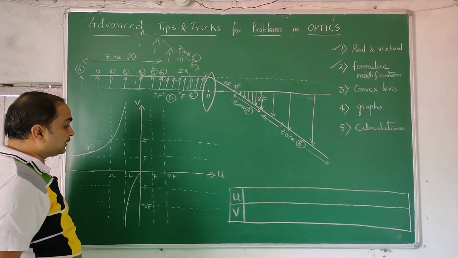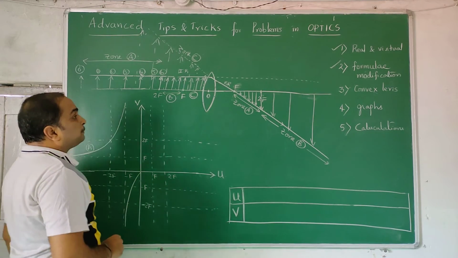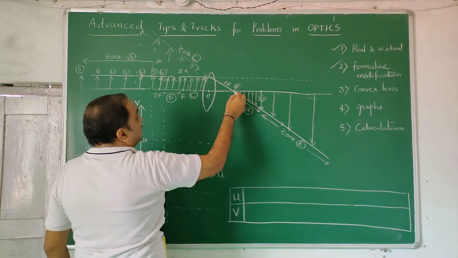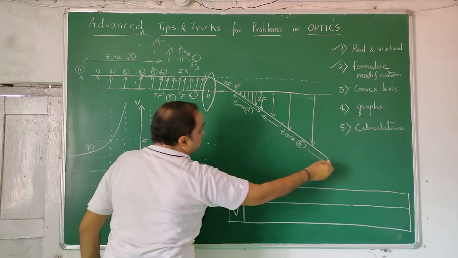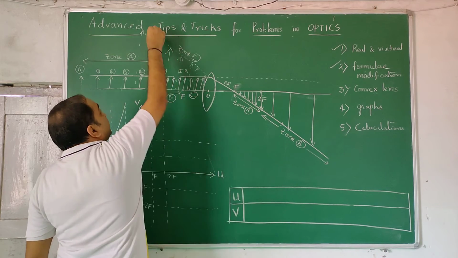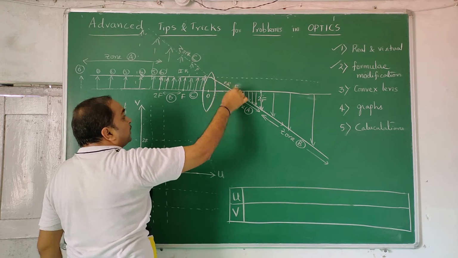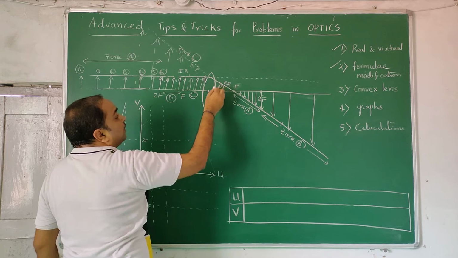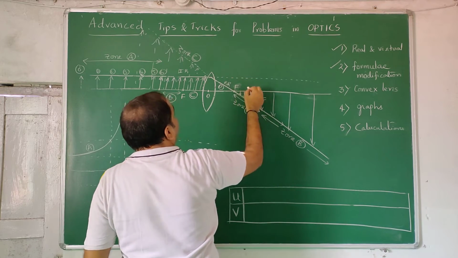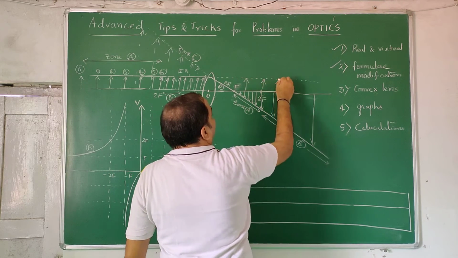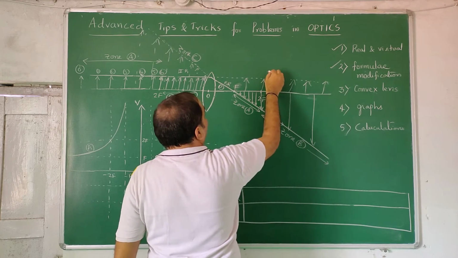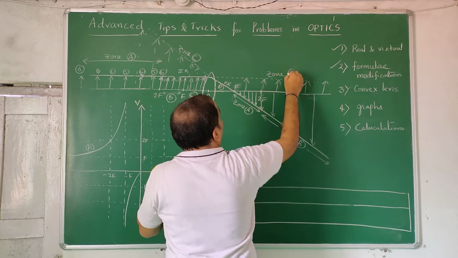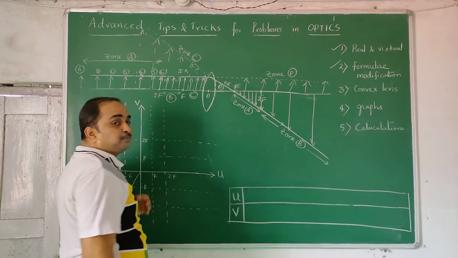So the graph is like this. Furthermore, see here, this ray started from focus, went like this up to zone A, zone B, and this is zone C. This part is also important. This is zone D. As you go on, make the object go to infinity, a long distance like this. This is zone D, and the corresponding zone D comes here.